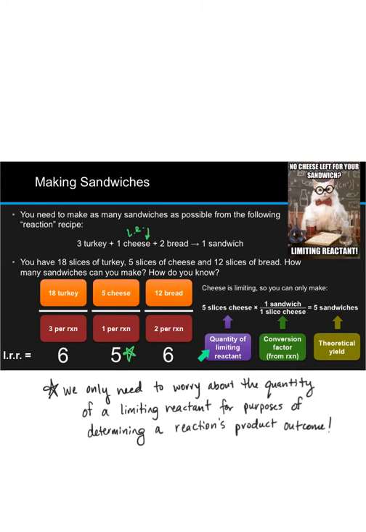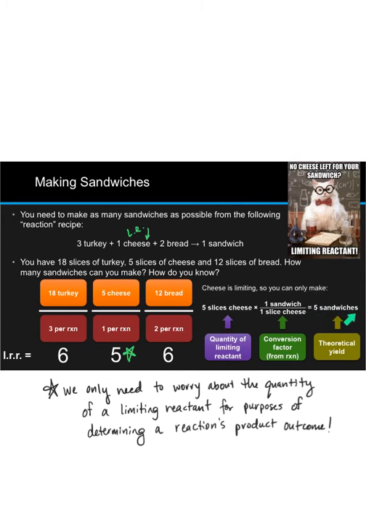We'll always use just the quantity of a limiting reactant to figure out how much product we can make. In this example, our limiting reactant is cheese. So we go from number of cheese to number of sandwich. Use a conversion factor like coefficients from our balanced reaction. One sandwich requires one slice of cheese. This is a conversion factor, just like the coefficients in a balanced chemical equation are a conversion factor.